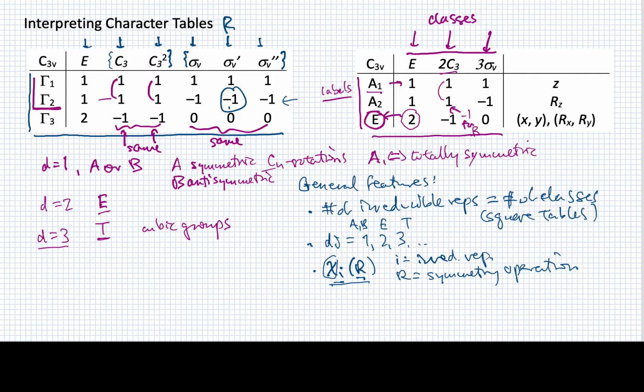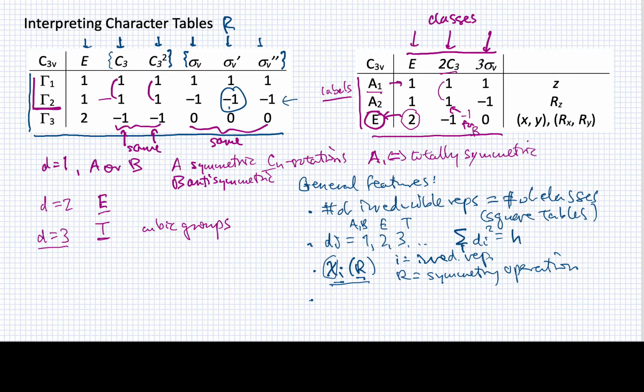Okay, and I should have mentioned under the dimensionality that we, of course, still have this relationship between the overall order of the group and the sums of the squares of the dimensions of the irreducible representations.